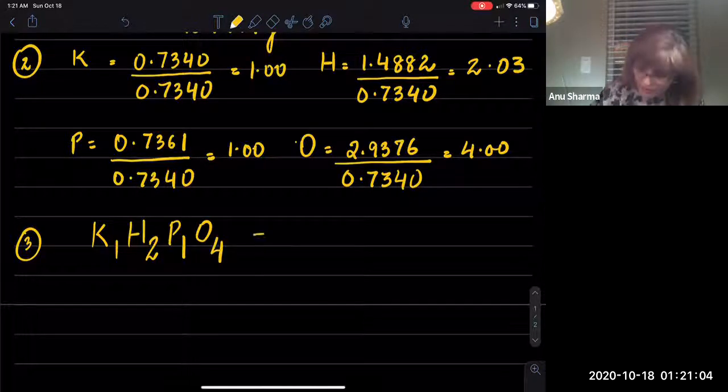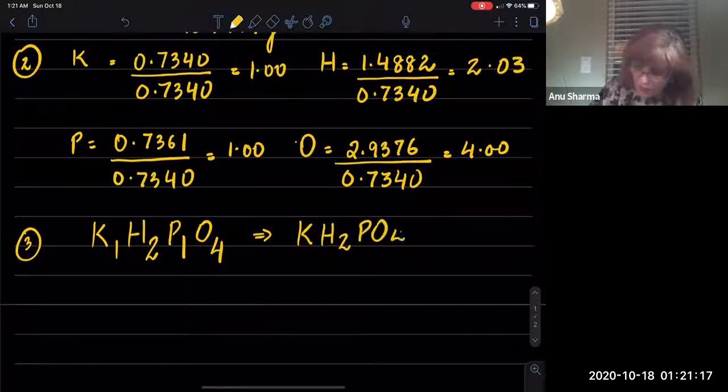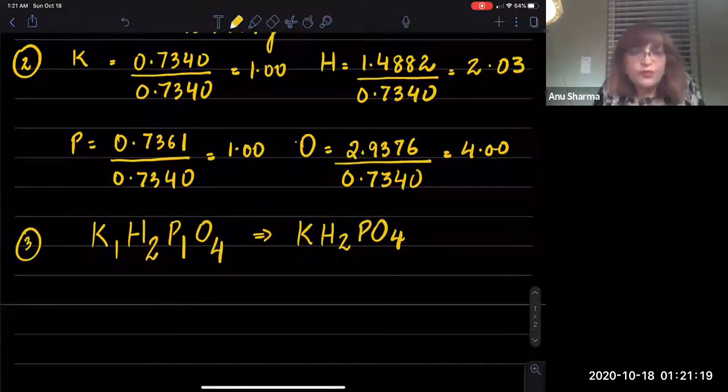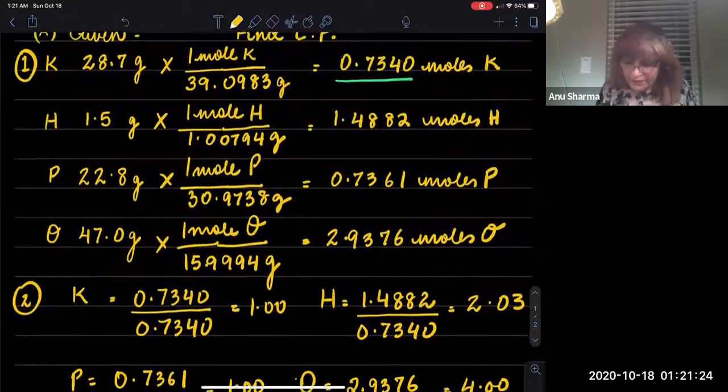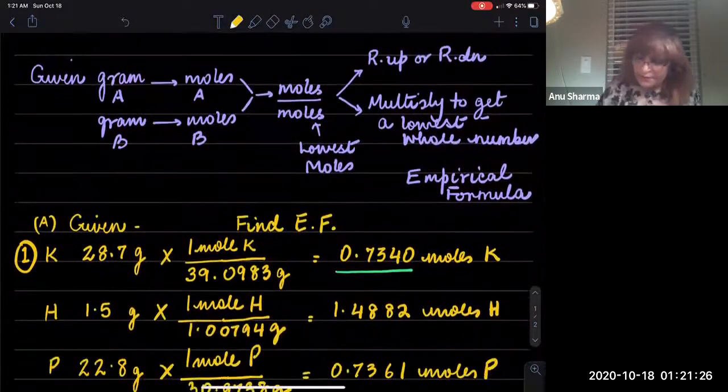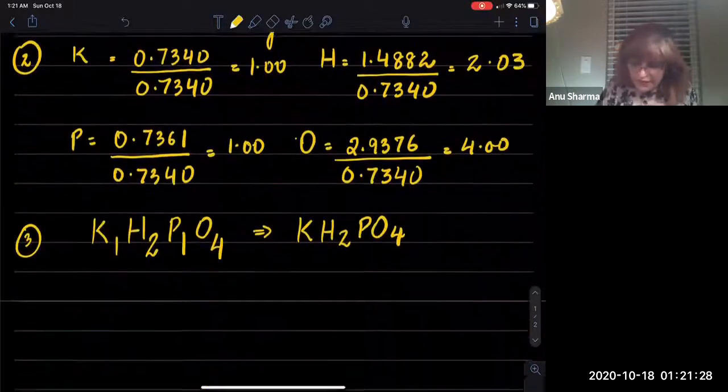So KH2PO4. That's the way to write it. Okay, so it's okay to leave out the 1. So this is one example of how to do this when the grams are given to you.